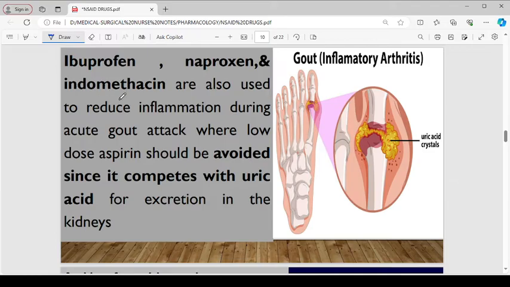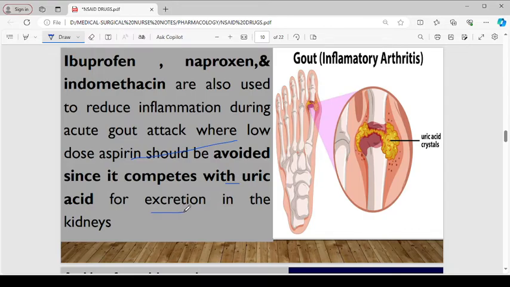So we have a note whereby we have to know that we have other NSAIDs like ibuprofen, naproxen, indomethacin, which can generally be used to reduce inflammation during acute gout attack. But in the case of low dose of aspirin, it has to be avoided in a patient with gout because it normally competes with uric acid for excretion in the kidney.